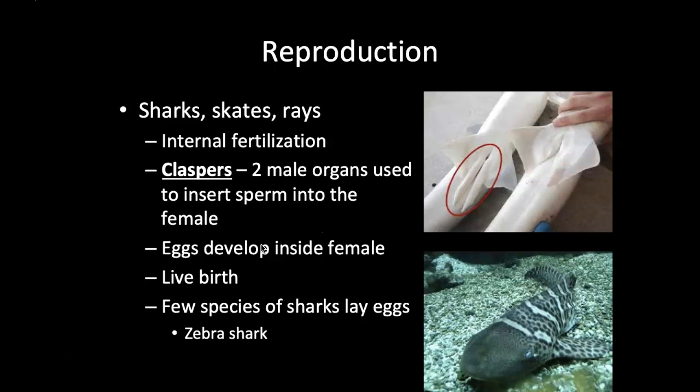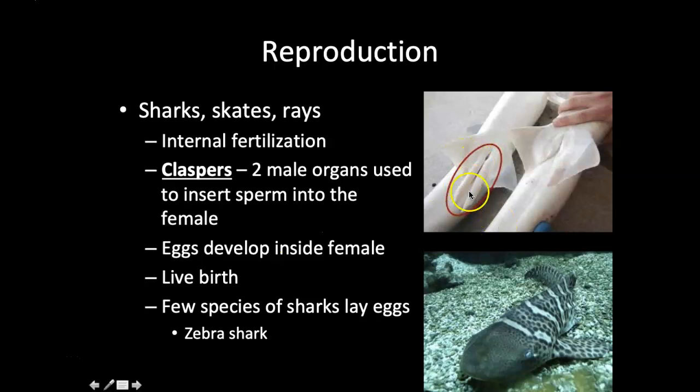There are other groups of fish that will have different methods for reproduction. Sharks, skates, and rays will all have internal fertilization. What you'll find is that these sharks, skates, and rays have what are known as claspers, which are the two male organs that are used in order to insert the sperm into the female. And so the female usually does not have any claspers.